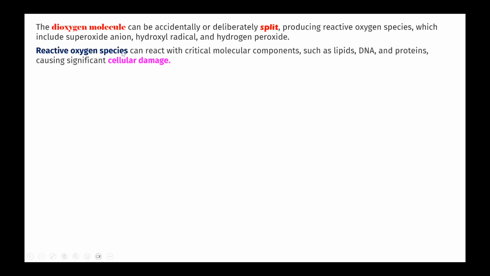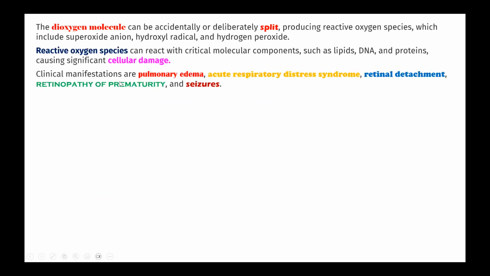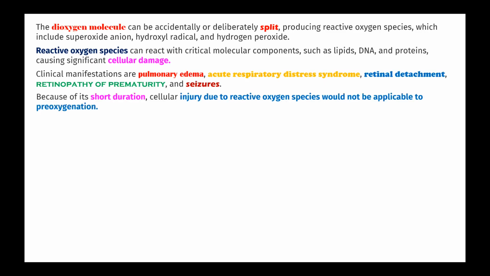Reactive oxygen species can react with critical molecular components such as lipids, causing significant cellular damage. So the bilipid layer of the cellular membranes will be affected. The clinical manifestations are pulmonary edema, acute respiratory distress syndrome, retinal detachment, retinopathy of prematurity, and seizures.